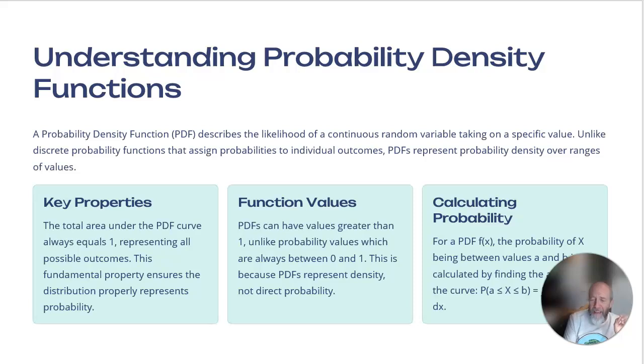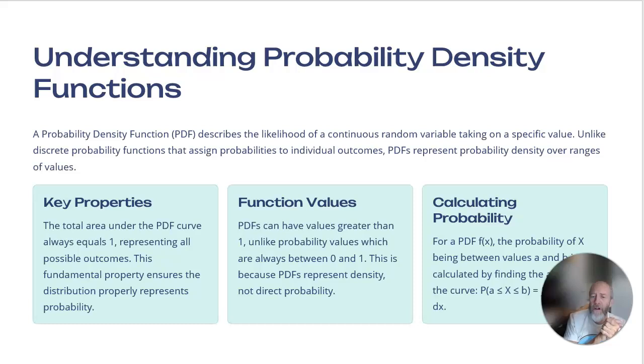Unlike rolling a die, where you ask what's the probability of 6 or 5 or 4, those are things that discretely happen. But when you're talking about continuous probability functions, 6 could never occur exactly, but it still has some sort of probability associated with it because the values are continuous.